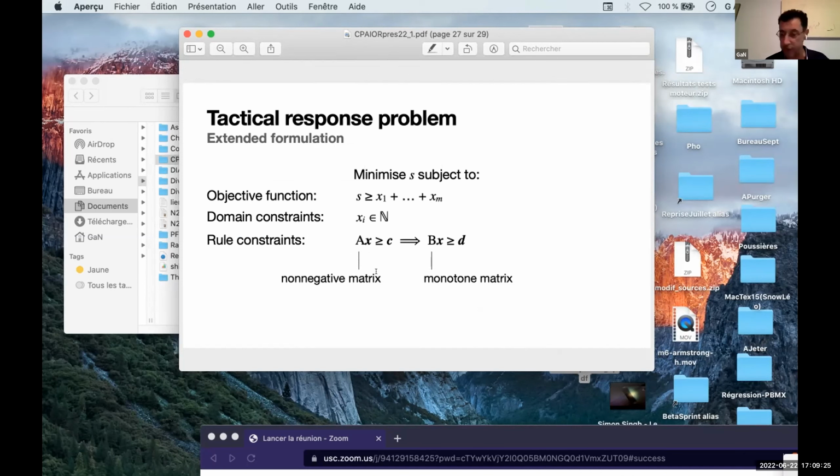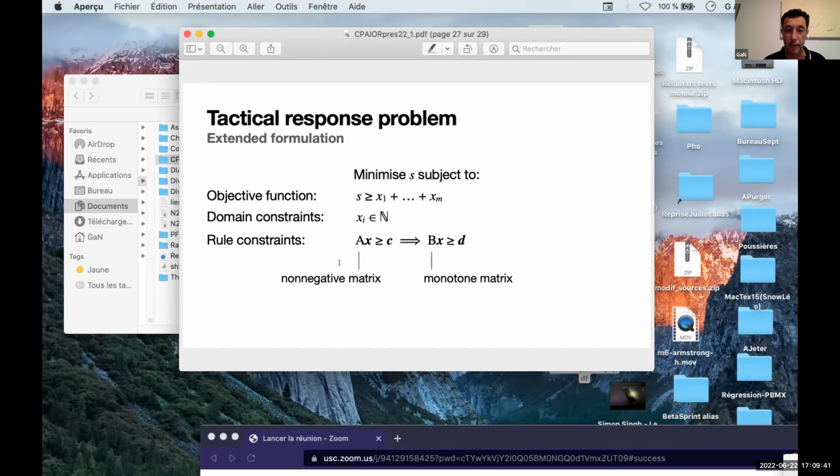So this is applying the parsimony principle. You've got domain constraints because missions are elementary tasks, so they all denote natural numbers.